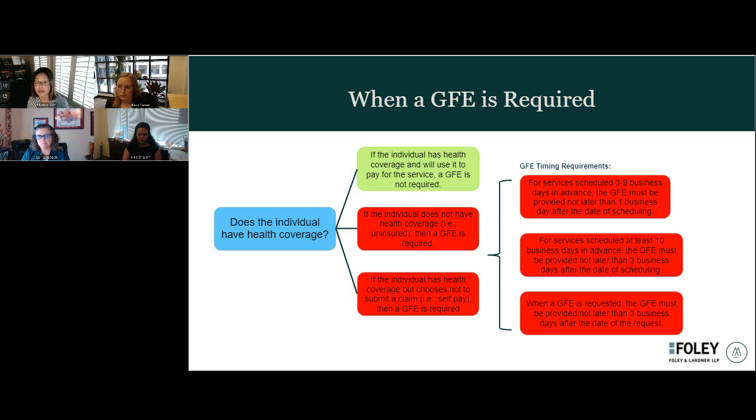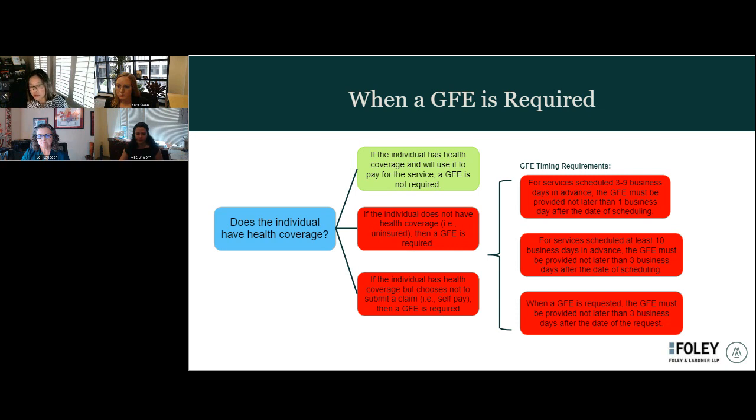They don't call out from when: within 3 days after the date of the appointment, or from the time of scheduling? As Kara talked about, it is really the date of scheduling, or the date the request came in, that is the key, not the date of the appointment.